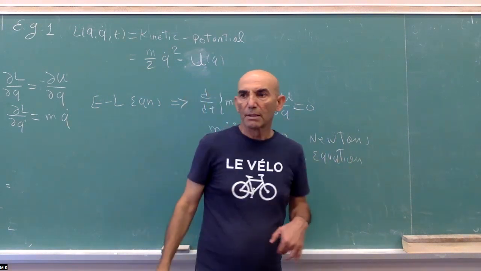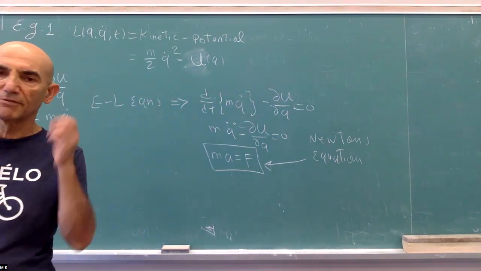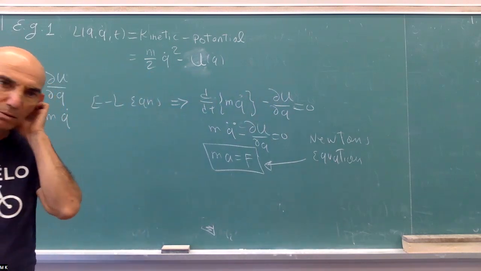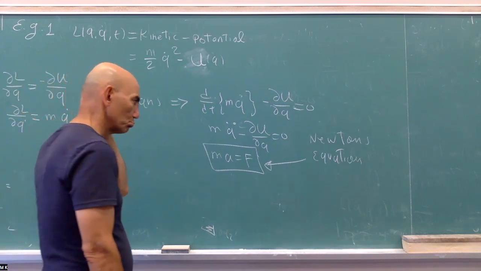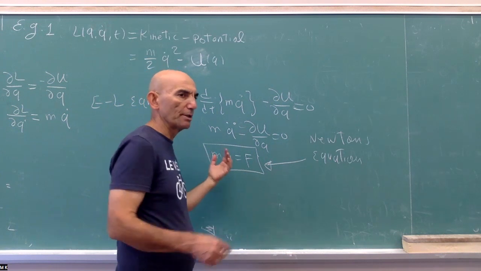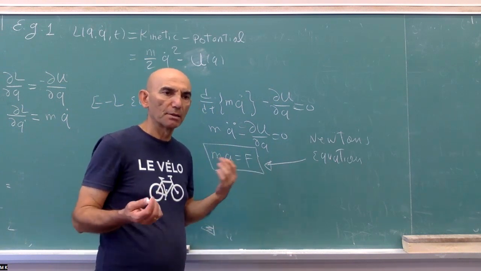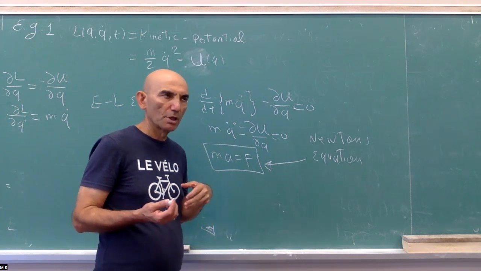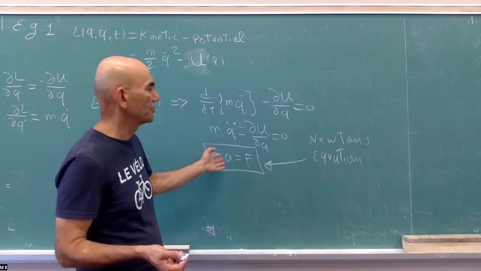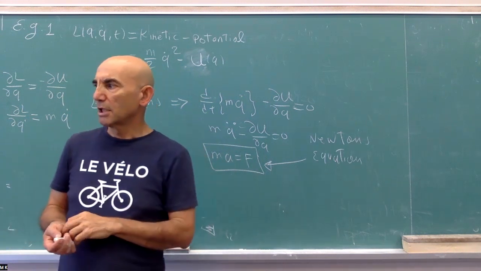So Lagrangian mechanics contains Newtonian mechanics as a very special case. But the point of Lagrangian mechanics is that it can be applied in contexts where Newtonian mechanics cannot say much. But Newtonian mechanics has its own features that maybe Lagrangian mechanics is not capable of absorbing.